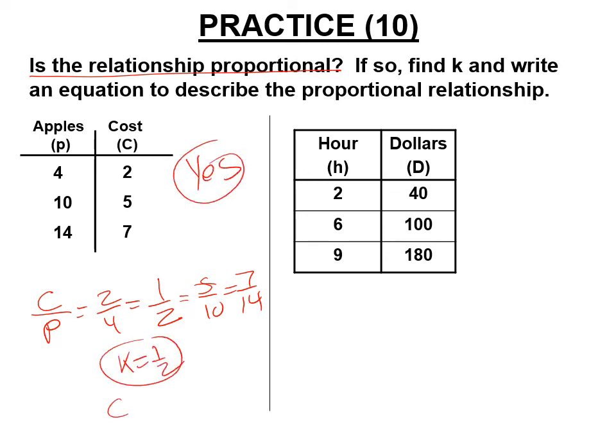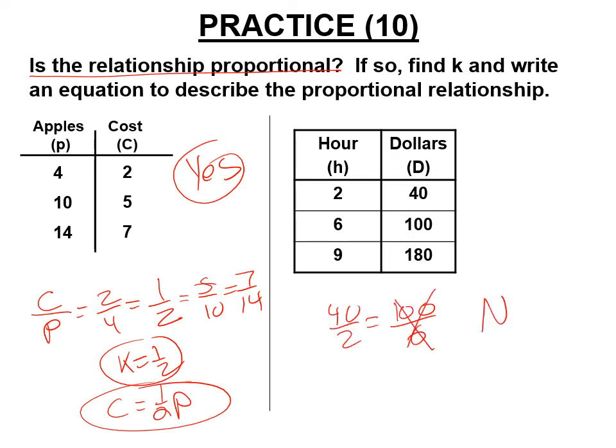The equation is C equals 1/2 P. Here we have 40 over 2, which is 20. We have 100 over 6. That is not 20. This is no. So you can't write an equation for this. So let's make that clear. You can't write an equation unless it's a proportional relationship. Now, at least in this lesson, we'll talk about other equations and other relationships in a little bit, but not today.